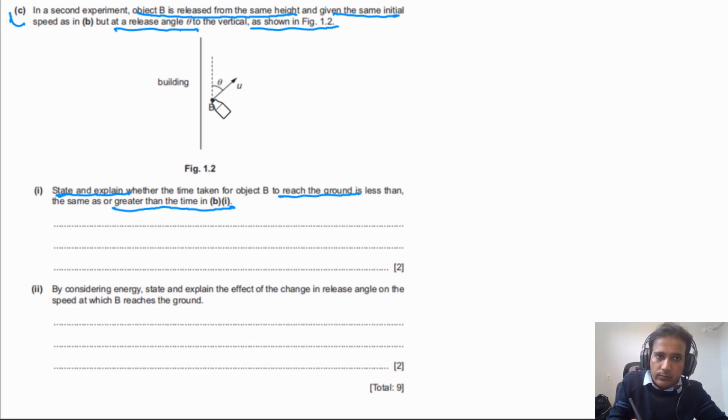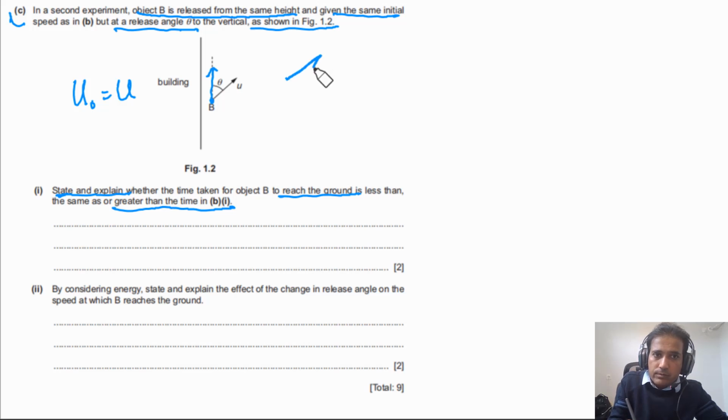First of all, the object was released vertically upwards, so it will go up. So what was the initial vertical velocity when we release this one upwards? So we can say u initial was equal to u. Now how about in this case? So in this case, the vertical component of the velocity, so let me redraw here.